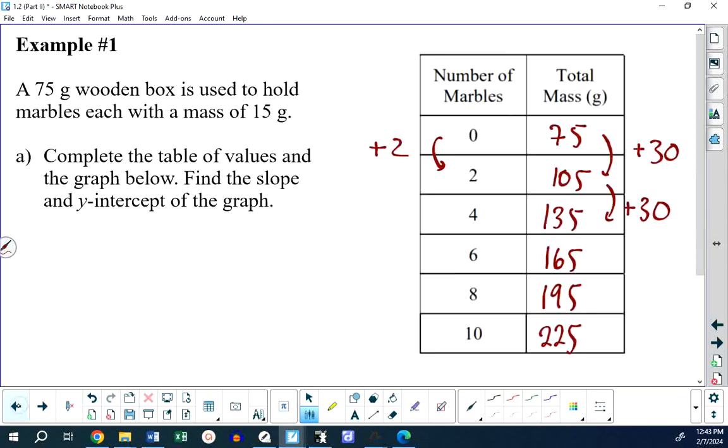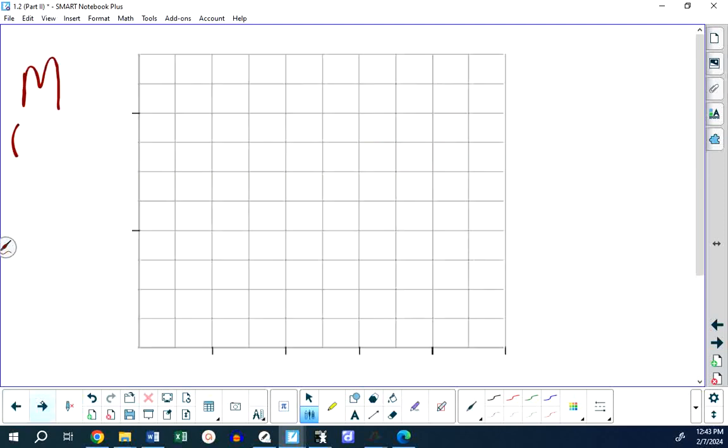We're not told what letter we should use, so I'm going to call the variable capital M for mass, and in brackets we can put grams. That means that the number of marbles goes down here. Usually we use n for a number of things, whether it's number of logs, number of cookies, number of marbles. And we don't really need to put units here because a number like 5 marbles doesn't have units, it's 5.